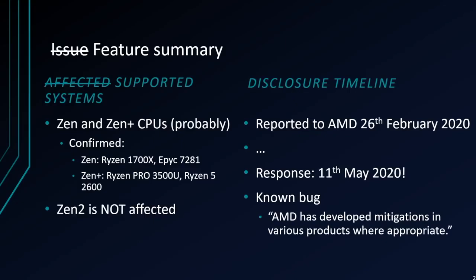And they have developed mitigations in various products where appropriate. So I don't think there's any meaningful mitigation besides replacing the actual hardware, because this is a bug in the ROM bootloader code. But what do I know? Maybe AMD has some magic that actually fixes this.